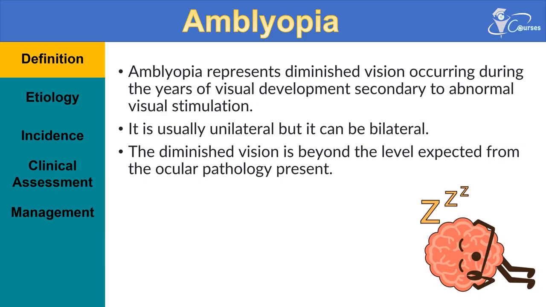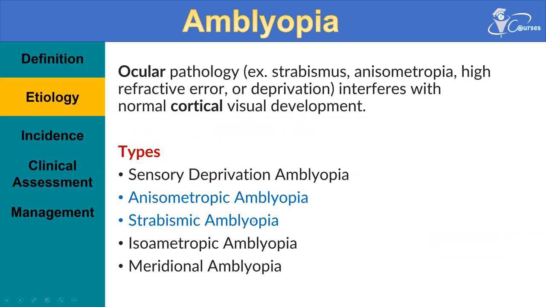So speaking about the cause, what will be the causes that may result in amblyopia? Basically, they are ocular pathologies that will interrupt the sensory and or motor visual development of the eye. So if there is a strabismus that will cause ocular misalignment, this means that one eye will not receive the visual impulse as the other eye. In the normal eye, the image will fall on the fovea, while in the other eye, the image will fall on an extrafoveal site.